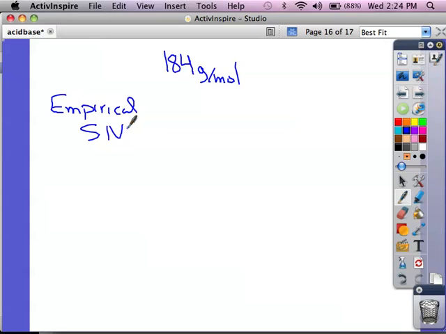So if we want to figure out how these things mesh together to get our exact molecular compound, we need to look at this and say, all right, what is what's called the empirical formula mass? All this is, it's a fancy word, but really it's just saying what is the molar mass of my empirical formula all by itself without being concerned about the molecular formula.